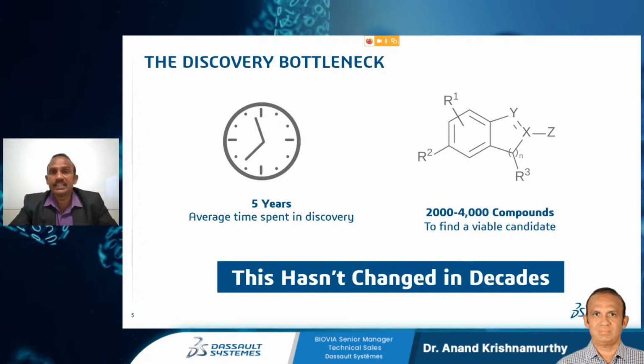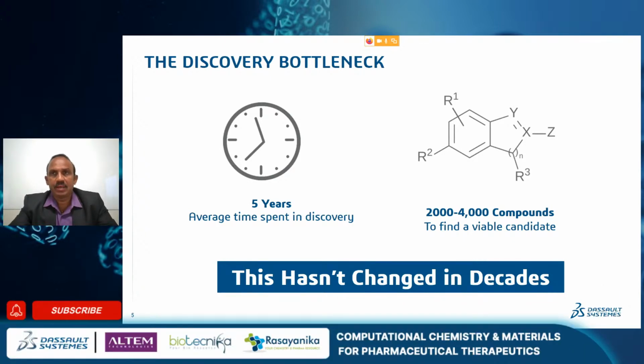So what is the bottleneck in this particular discovery? And the strategic objectives, with respect to what we saw in Novartis, are totally aligned to this. It takes 5 years, that's an average time spent in discovery. And it is not going to be one molecule that comes out from an innovative pharma organization, but anything between 2,000 to 4,000 compounds to find a viable candidate.